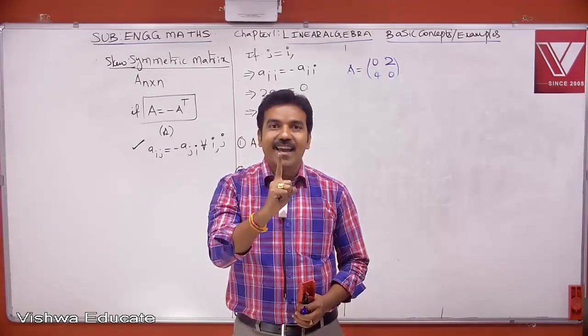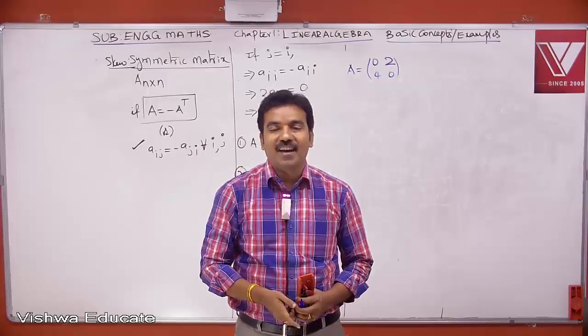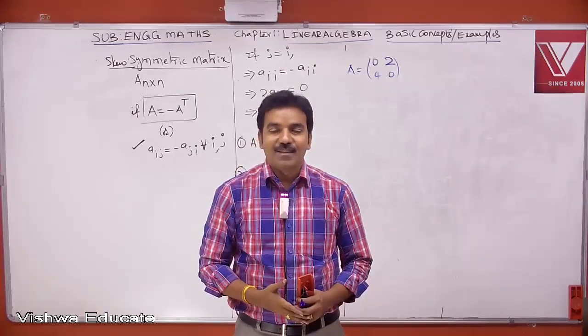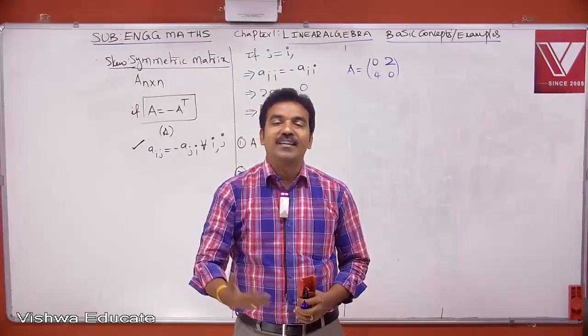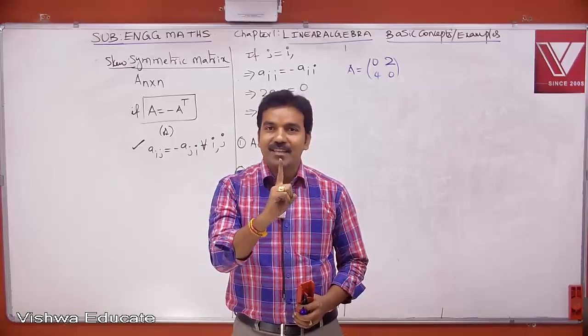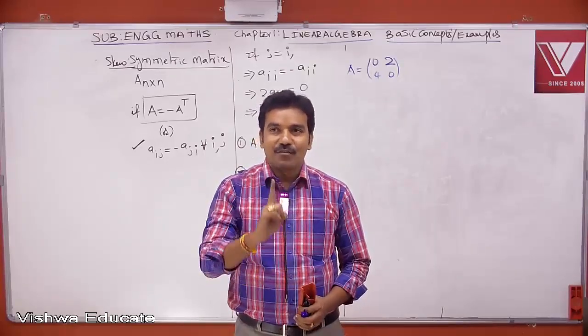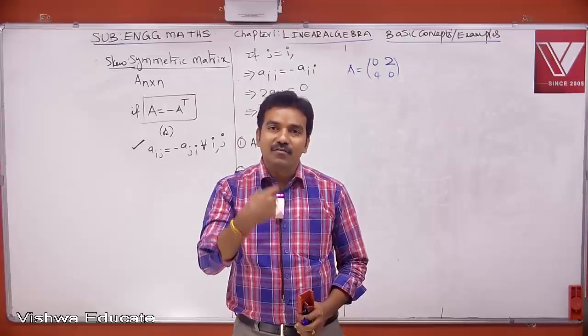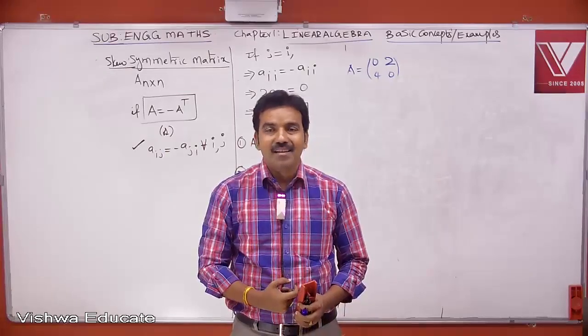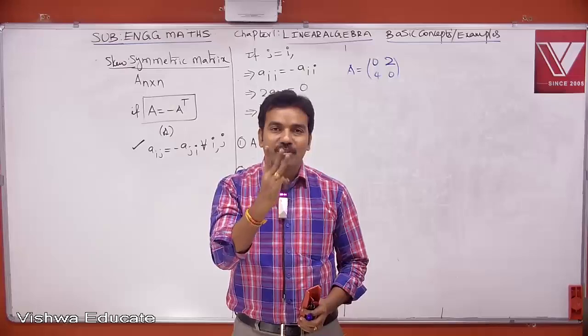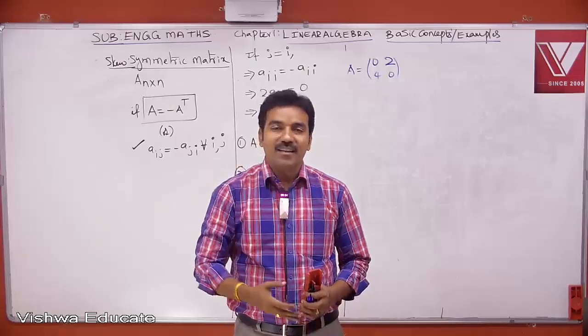If at least one Aij does not match with Aji, then it is not skew symmetric. So you can eliminate different options. The elimination method is one of the best ways to get answers easily. Even if you are unable to get the answer directly, if you are able to eliminate 3 options indirectly, then also you can get the answer.